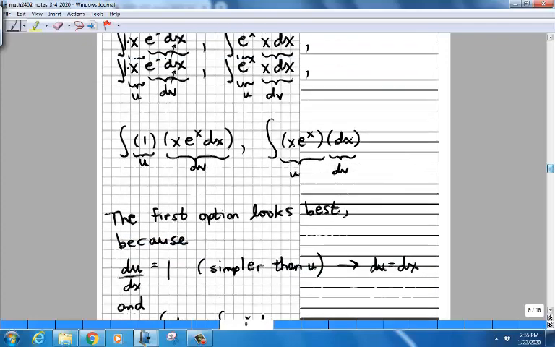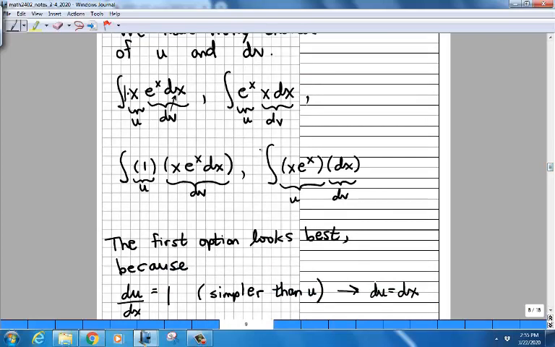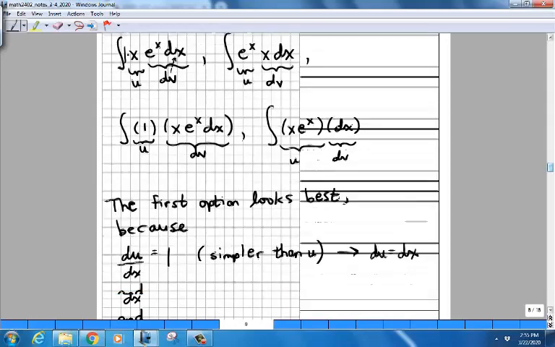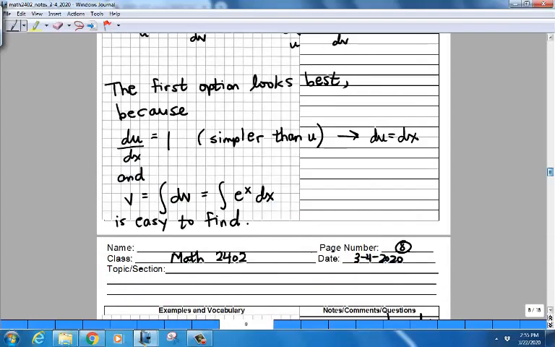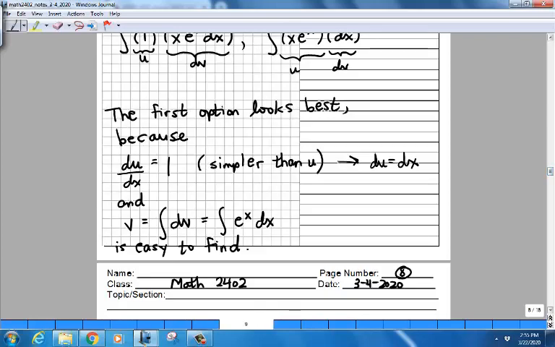All right, let's see what's good about that first option. So let's let u be x, and then let's let dv be e to the x dx. Let's see if that meets our guidelines. First, if u is x, then what's du dx going to be, right? So if we let u be x, then du dx is just 1.